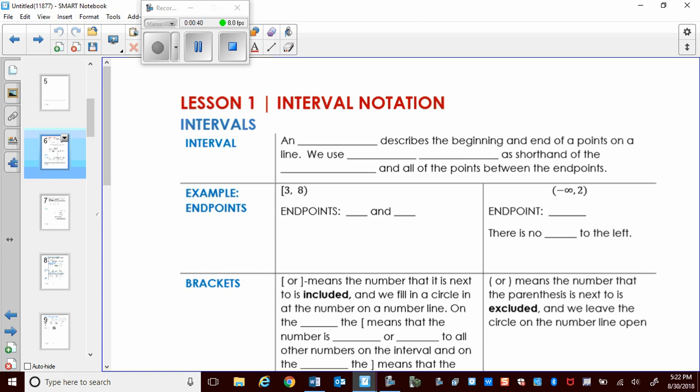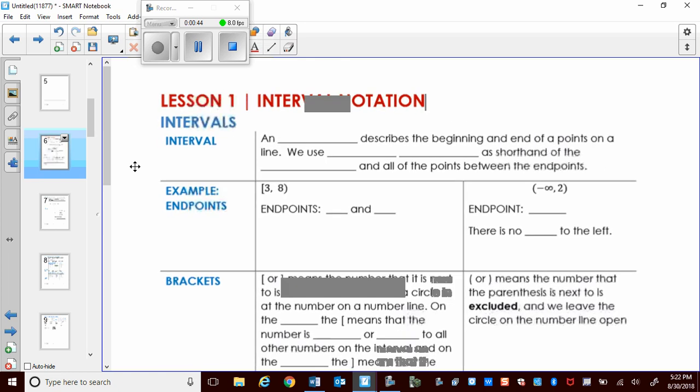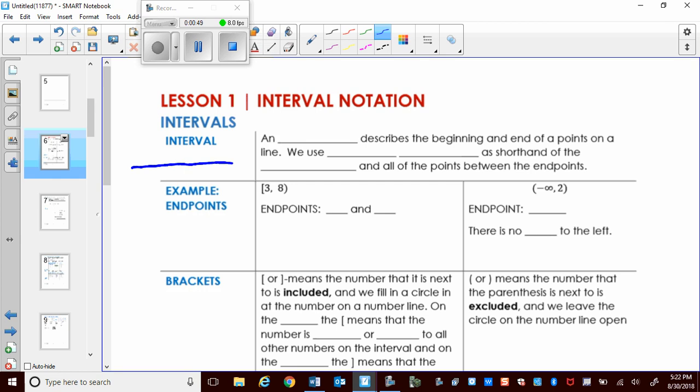So first of all, when you see a number line, let's create a number line here. It has numbers on it: 3, -3, -2, -1, 0. The interval on this number line is between two numbers. It's the segment between two numbers.